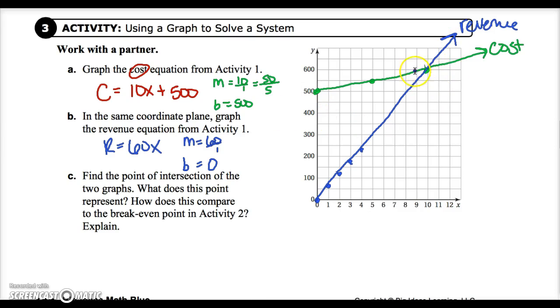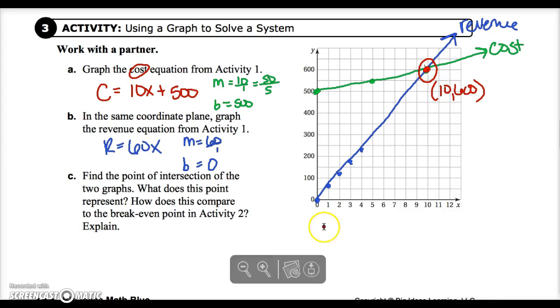Okay, and what you will notice is at some point those two graphs will intersect with each other. And that's what C is looking at, is find the point of intersection of the two graphs. So if we look, our point of intersection is right here, and that is at the point (10, 600). Okay, so what does that represent?